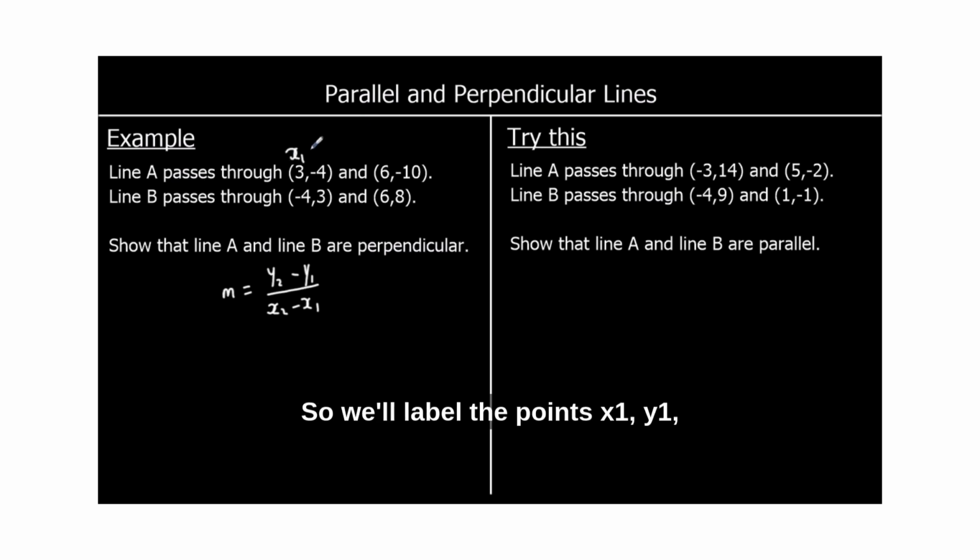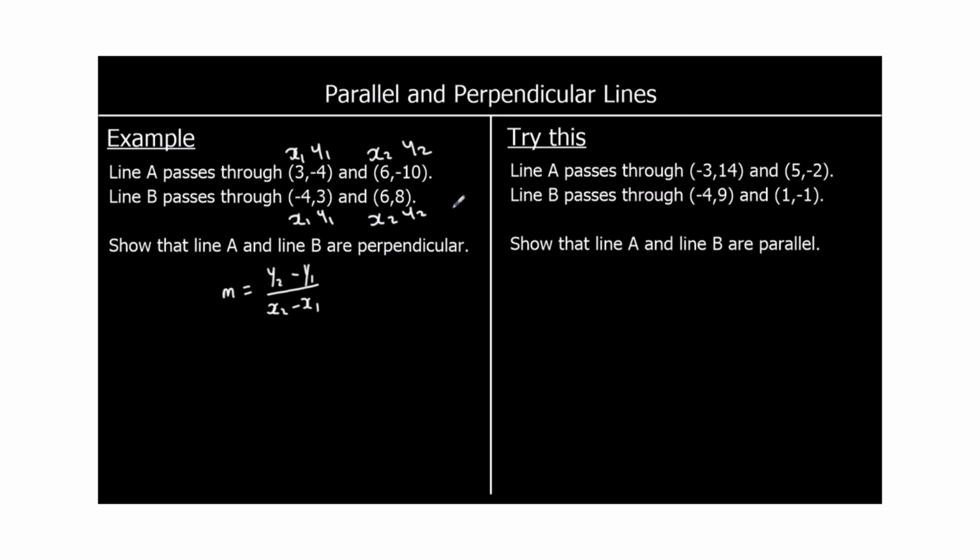So we'll label the points x1, y1, x2, y2 for both of the lines, and then we can just substitute them in. So for line A, the gradient is y2 minus y1, so negative 10 minus negative 4, over x2 minus x1, 6 minus 3.